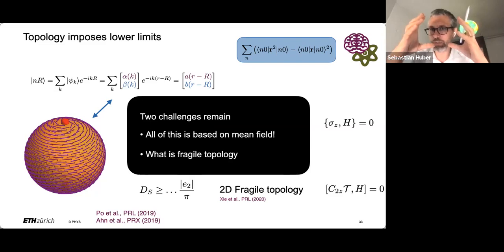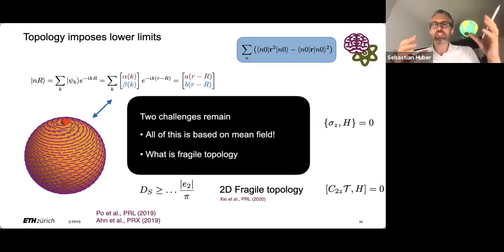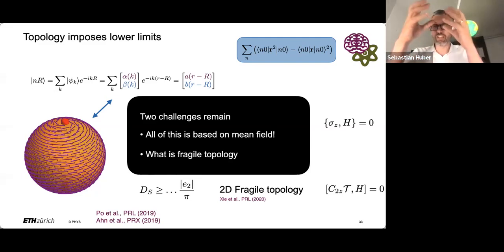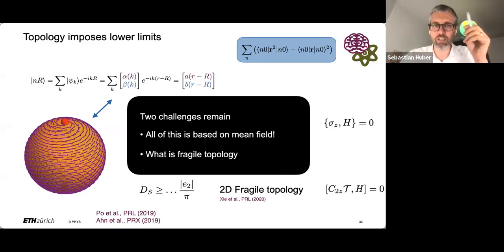I made a mean field approximation to calculate my free energy, and now I have all these bounds relating topology to the superfluid stiffness, but there was an essential link where I used the mean field. Now, mean field is good when the interactions are not too strong, and in a flat band, kind of the only scale that there is interaction. So at least one should carefully assess whether the mean field solution is any good. And that's what I'm going to do in the very last part of the talk today.